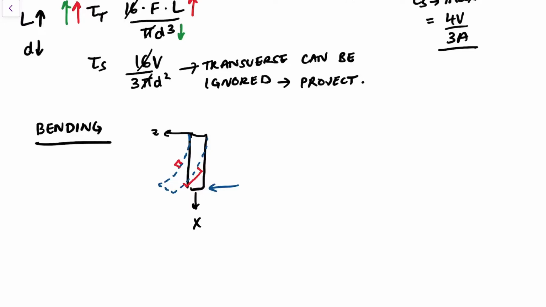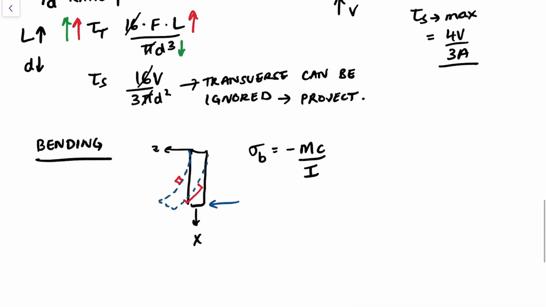So don't be confused. Bending basically happens when opposite sides of the shaft are in compression and tension respectively. And from 306 again, to calculate the bending stress, it would be minus Mc over I, where M is the moment that causes the bending.